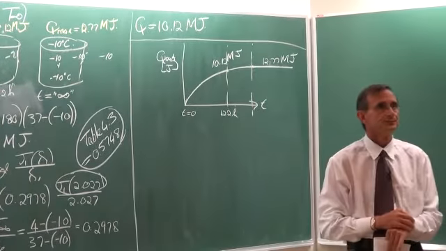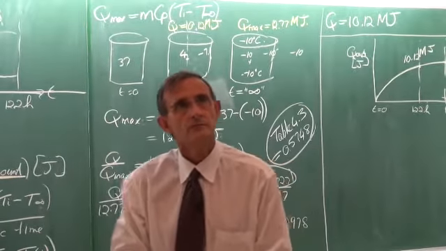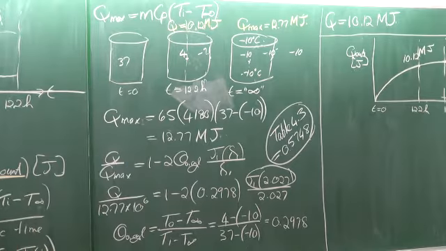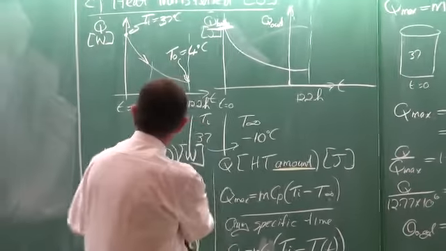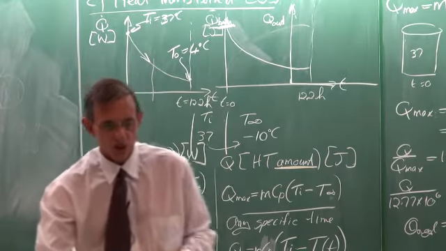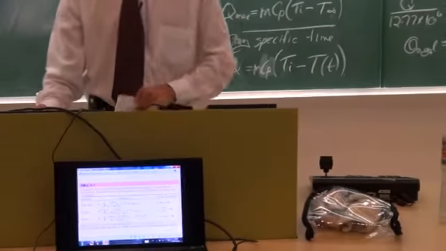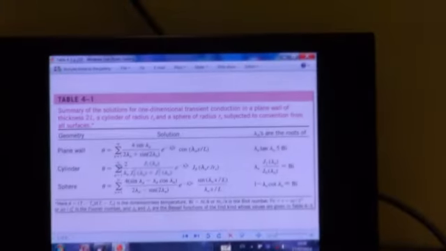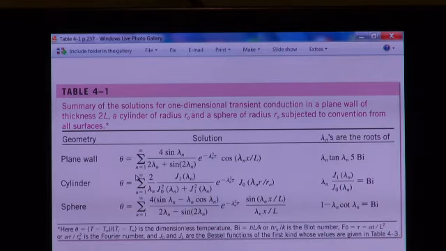Any more questions? Yep. I'm just a bit confused with the Q over Qmax equation. How did we get there? Okay, we don't have time to do the derivation now, but it comes from the derivations of this term where you've got Q. So you can calculate Q, and if you've got the temperature distribution, then you've got the temperature gradient, and therefore you can calculate the heat transfer rate on the surface or anywhere else.